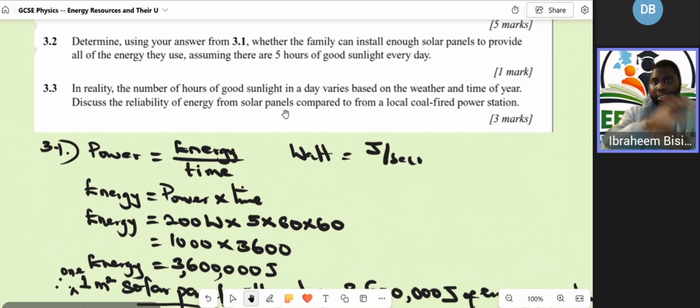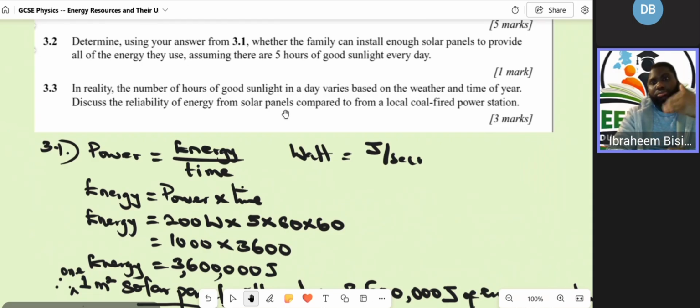Firstly, on a general note, I've said that before, the non-renewable energy source is reliable. That is the advantage. The renewable energy source, like this solar energy, is not reliable generally. But there are some instances where it can be reliable.